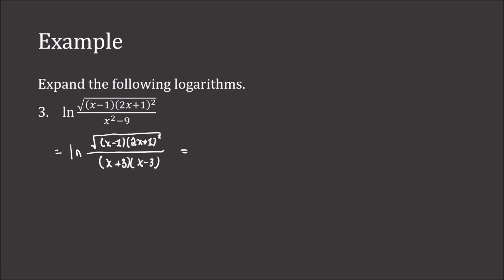Now we can use quotient. So we have log of the square root of x minus 1 times 2x plus 1 squared minus the log of x plus 3 times x minus 3.